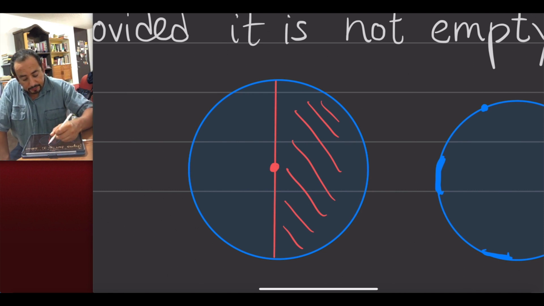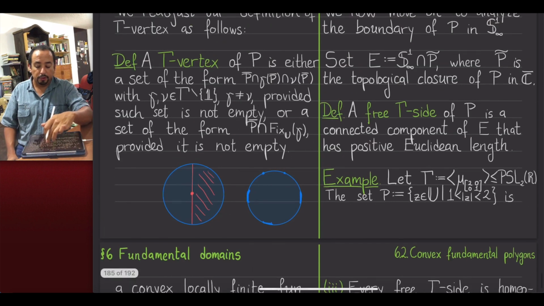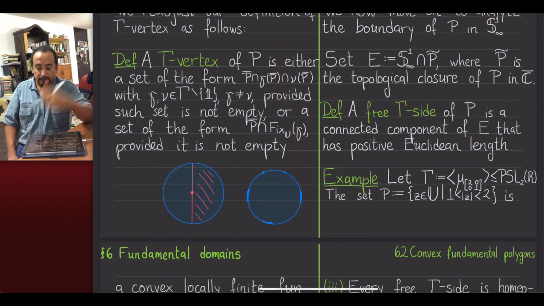Then it is easy to see that the elements of the Poincare disk that have positive real part form a fundamental domain for this Fuchsian group, and that the origin is now a gamma vertex of that fundamental domain, and that according to the old definition, the origin would not be a gamma vertex. And that's the whole difference between our new notion and the old notion of gamma vertex, right? That we are adjoining just the elements of P bar that are fixed points of elliptic elements of order 2 of the Fuchsian group gamma.